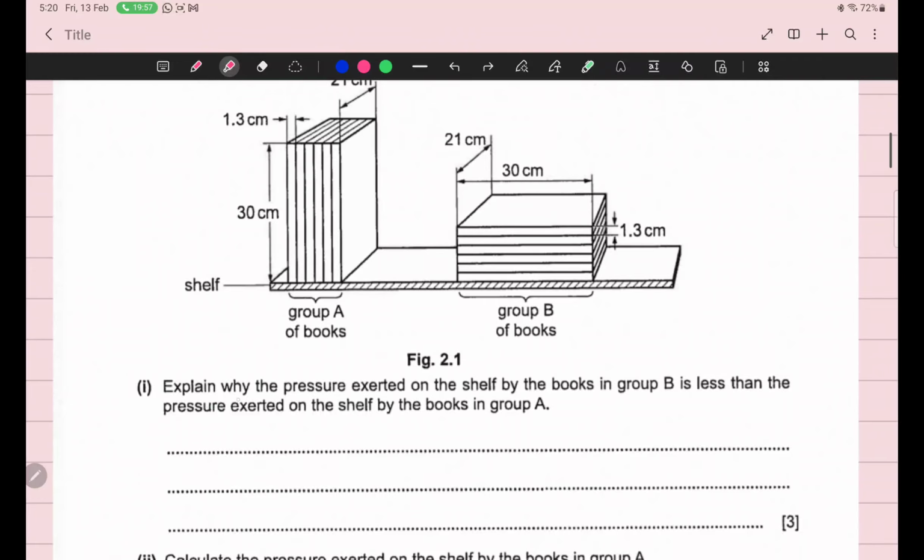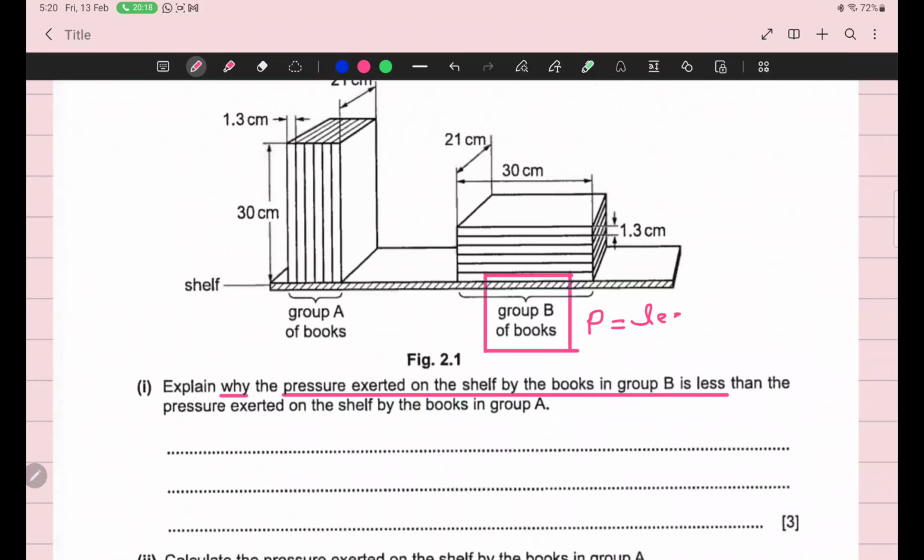Now the question is, explain why the pressure exerted on the shelf by the books in group B is less.